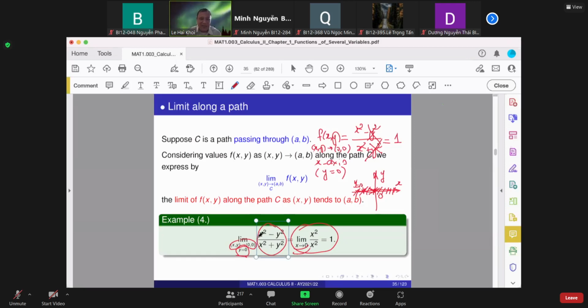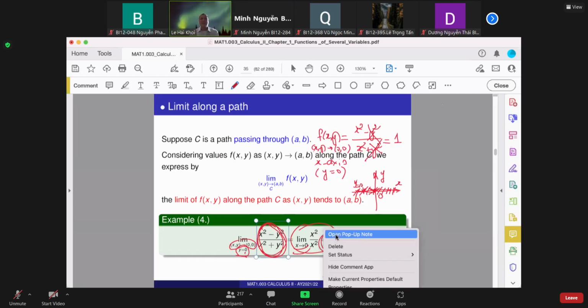So now you can say that for this function, (x squared minus y squared) over (x squared plus y squared), the limit as (x, y) tends to the origin of coordinates along the x-axis exists and is equal to 1. Right? That is the thing you should pay attention to. Okay?